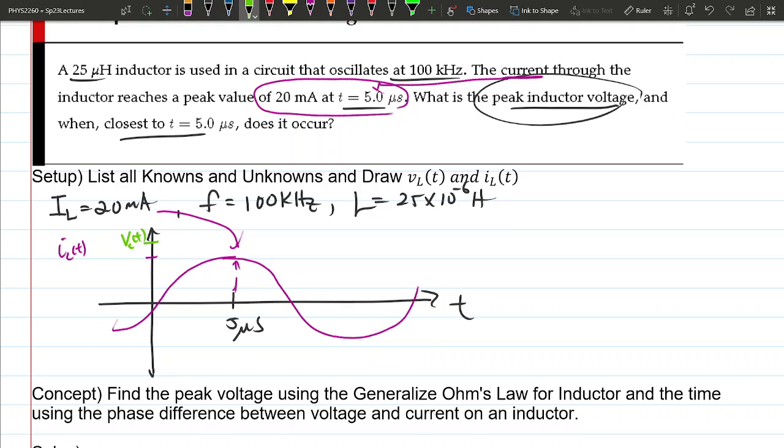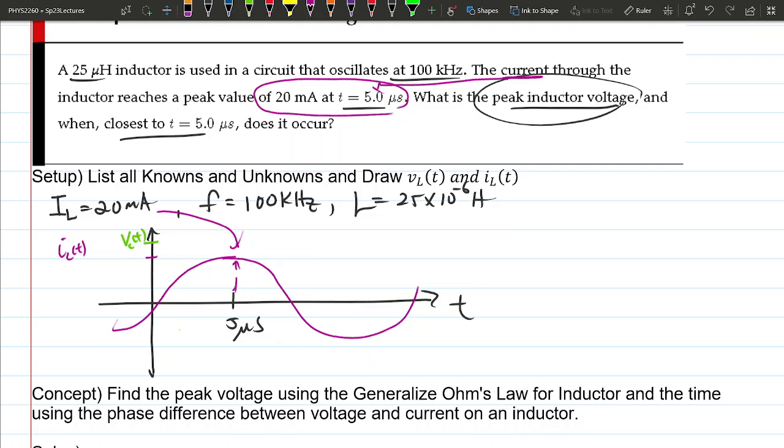Should I draw the green graph, since voltage on an inductor leads the current, like this, ahead of the current? Did I do that right? No, because this makes it look like the green wave is ahead of the purple wave. But what you're interested in is actually the value on the vertical axis.